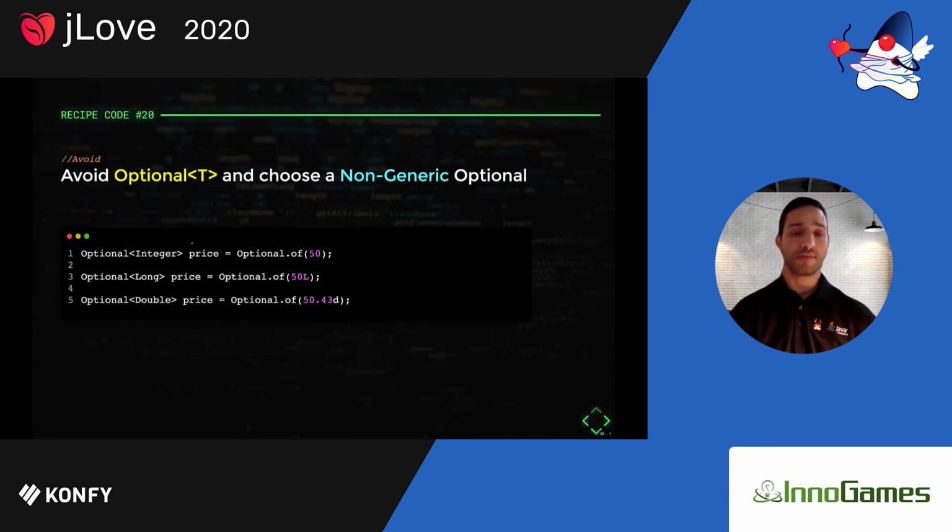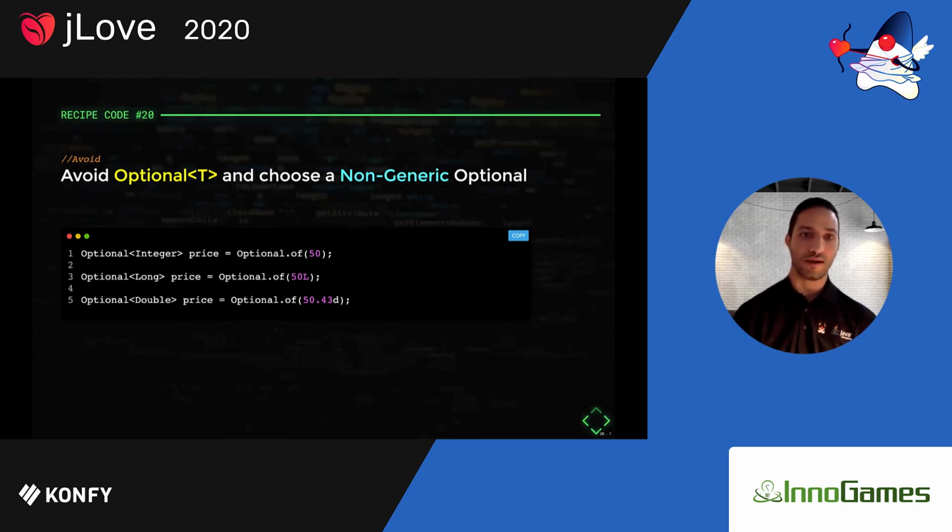Avoid optional with numbers. Sometimes we use something like Optional of Integer, Long, Double. This is very expensive because it's doing boxing and unboxing, and you know that boxing and unboxing in big operations is very, very expensive and a performance hit.